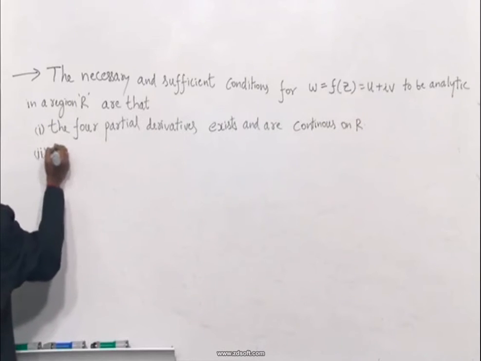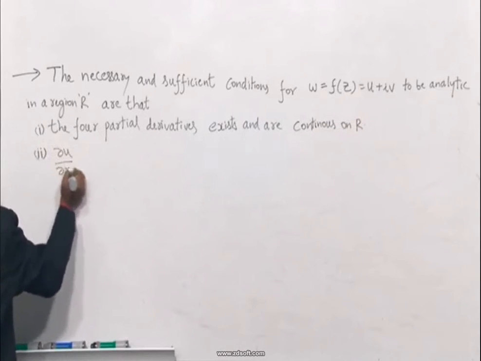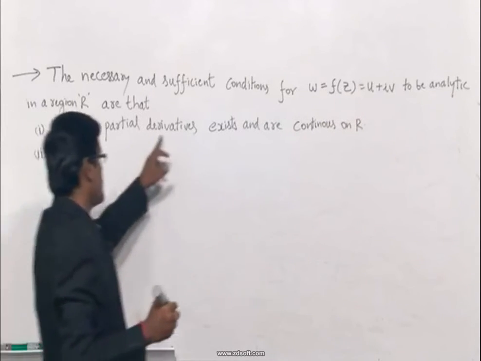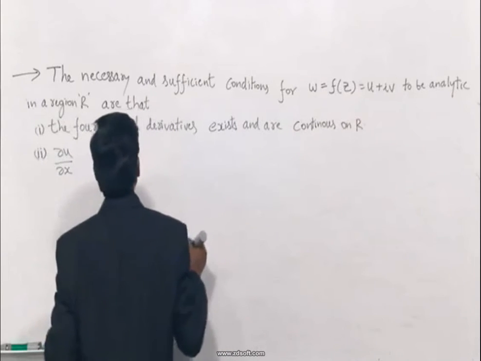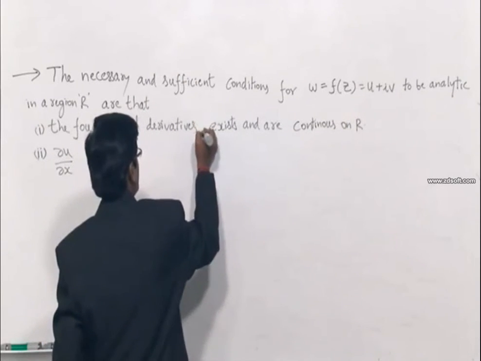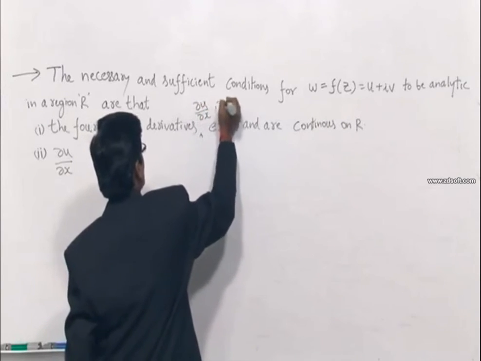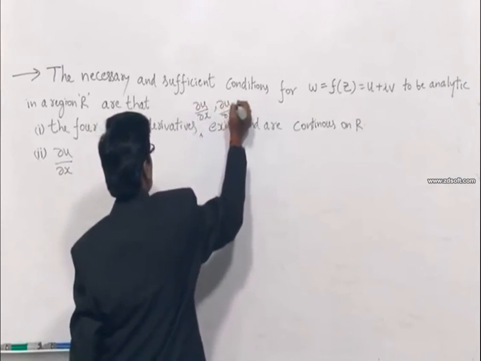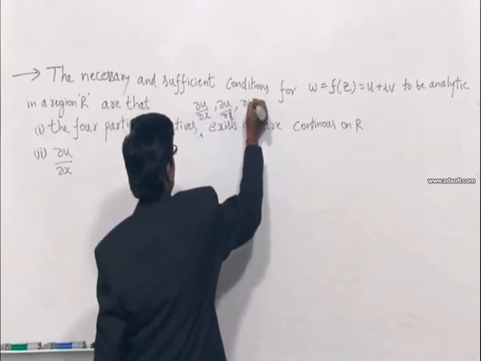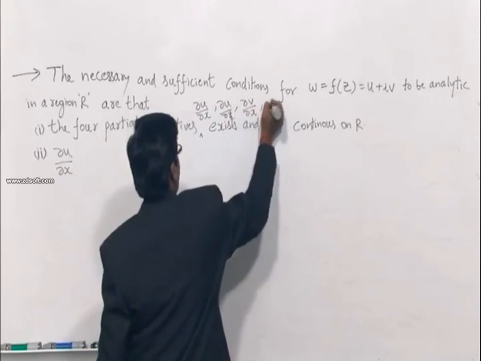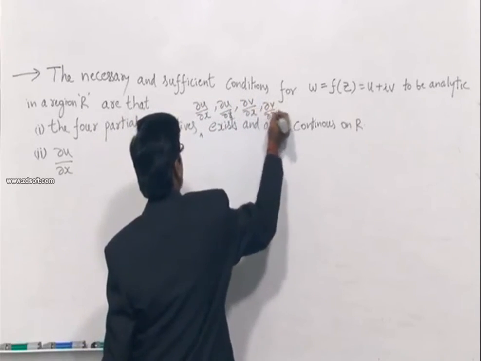Sorry, here I forgot to write the four partial derivatives. I am writing dou u by dou x, partial derivative of u with respect to x, partial derivative of u with respect to y, partial derivative of v with respect to x, partial derivative of v with respect to y.